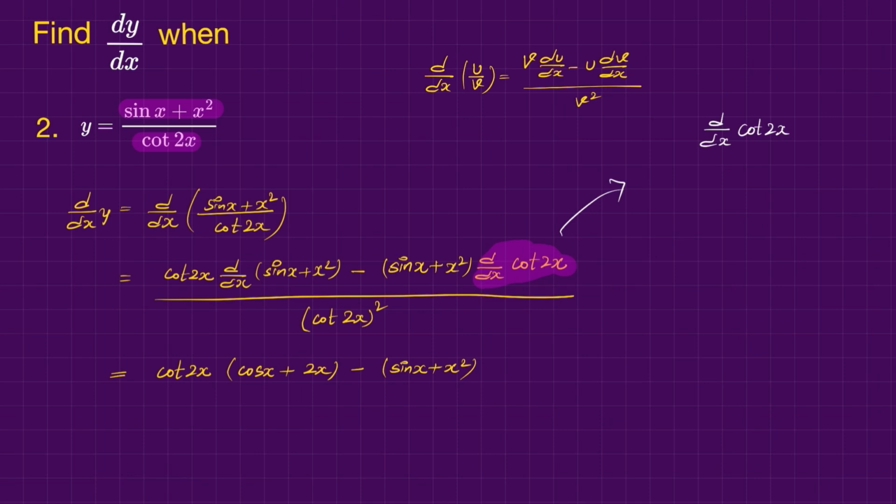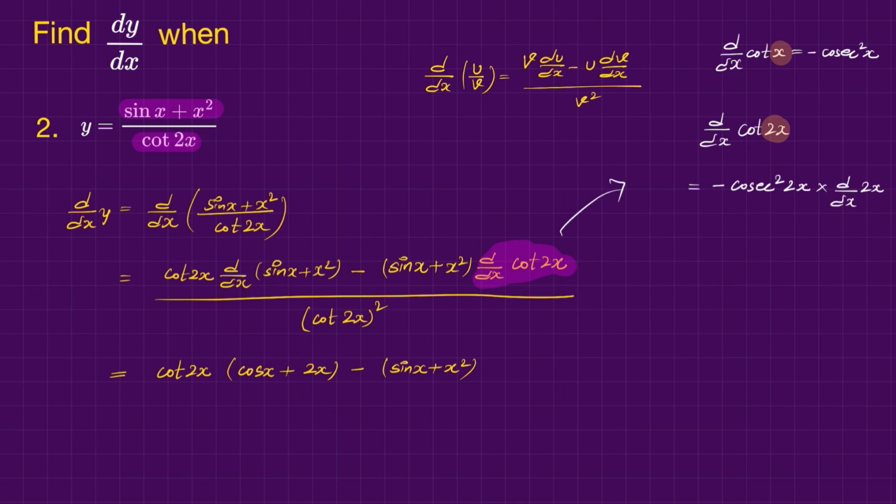First I need to know the formula of d/dx of cot x, which is minus cosec² x. Now the difference is that instead of x, I have 2x here. So it is minus cosec² of 2x, but using the chain rule you have to differentiate the function 2x also.